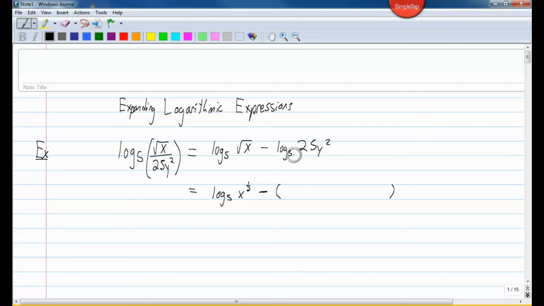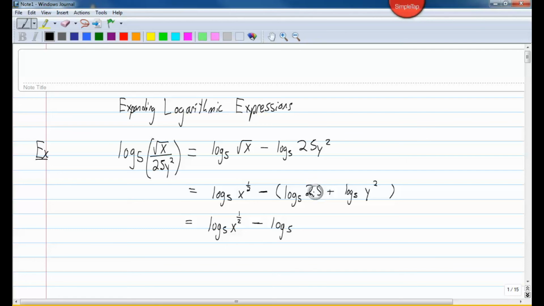This is log base 5 of 25y squared. So you can rewrite that as log base 5 of 25 plus log base 5 of y squared. And so now I need to subtract both of those. So I have log base 5 x to the 1/2 minus log base 5.